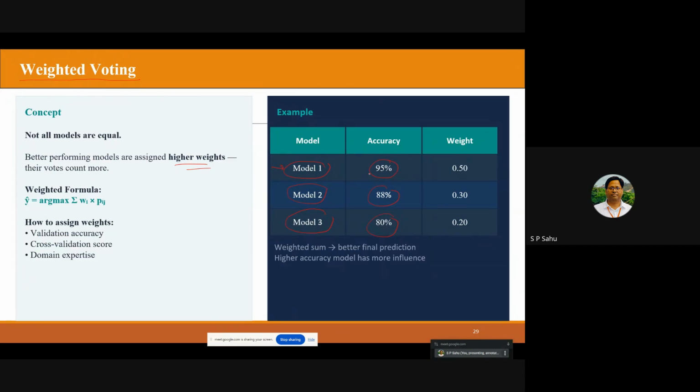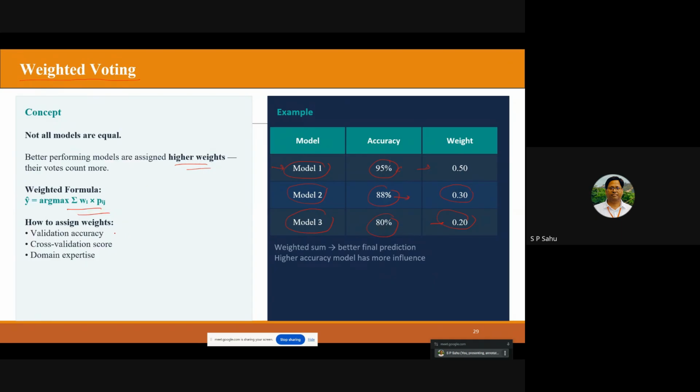So model 1 is given a weightage of 0.5, and model 2, since it has a somewhat lower value, has the weight 0.3, and model 3 is weaker compared to the first and second models, so it is assigned a weight of 0.2. So 95 into 0.5, 88 into 0.3, 80 into 0.2, and the final outcome will be the weighted average of all this. The better performing models are given a higher weightage. The concept is only that.